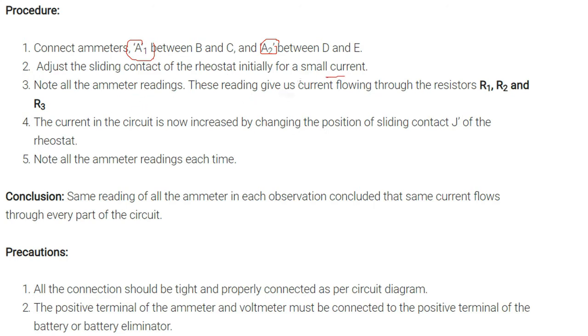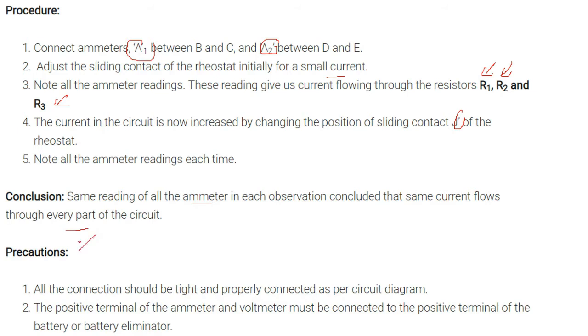These readings give us the current flowing through the resistances R1, R2 and R3. The current in the circuit is then changed by changing the position of the sliding contact of the rheostat, and we note all the ammeter readings each time. The conclusion we draw is the same reading for all ammeters in each observation. We conclude that the same current flows through every part of the circuit.